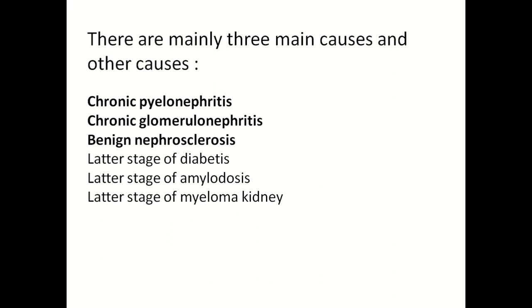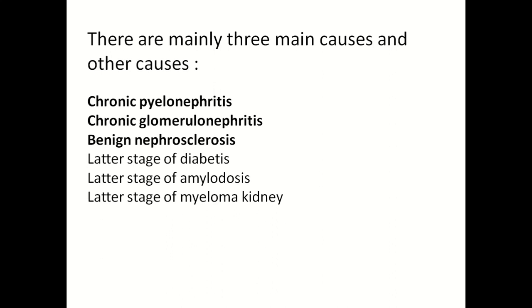There are various causes of small contracted kidney, but the three main causes are chronic pyelonephritis, chronic glomerulonephritis, and benign nephrosclerosis. These are the main three causes. Apart from these, in later stage of diabetes, amyloidosis, and myeloma kidney, you will also observe small contracted kidney.